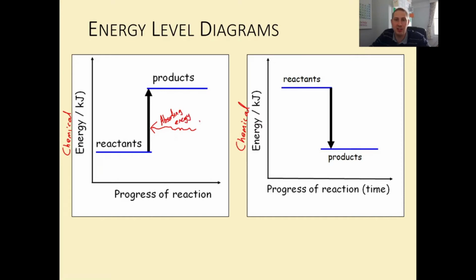Now this energy can be light, for example photosynthesis. It can be electrical, for example electrolysis, or more commonly it is heat. And if it is absorbing heat energy, this means that there is less heat energy around, so it's getting colder.